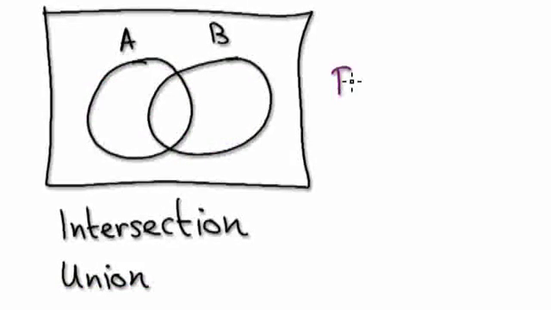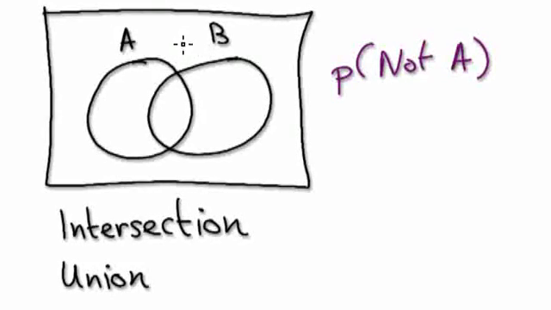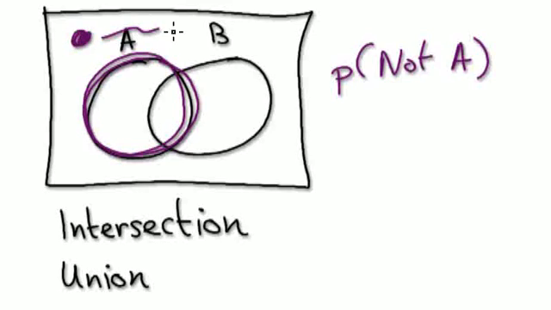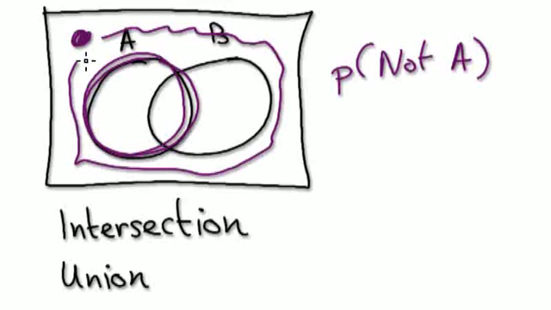And if you want the probability of not A, anything inside this circle is A. So not A would be this segment out here and this bit here.